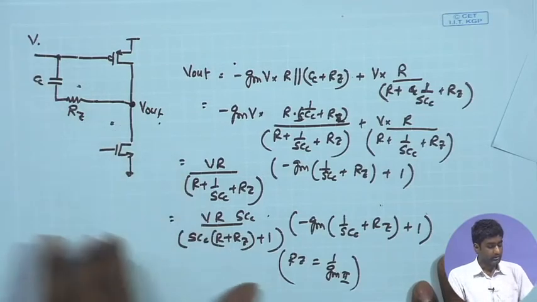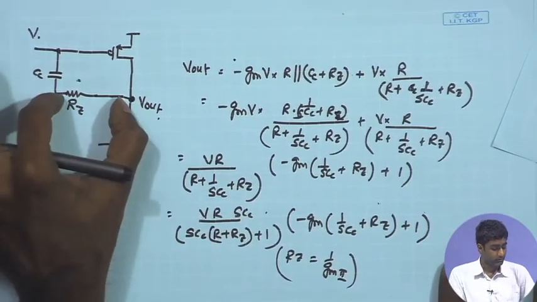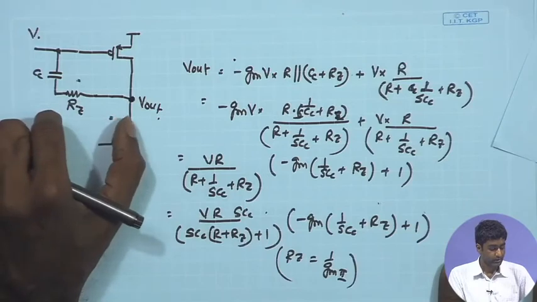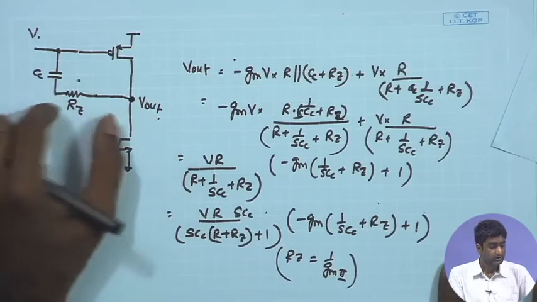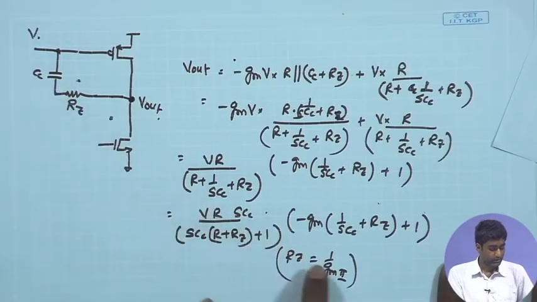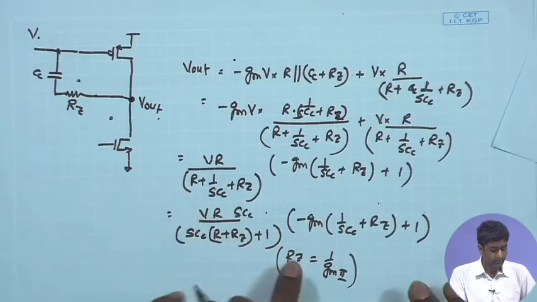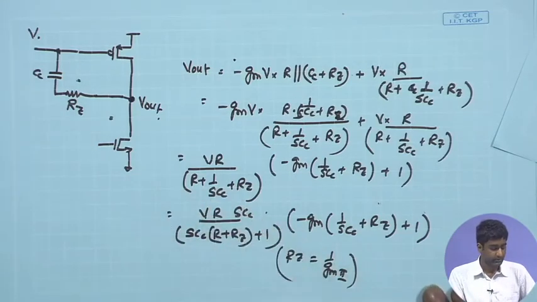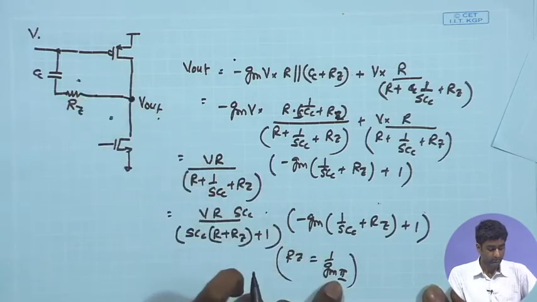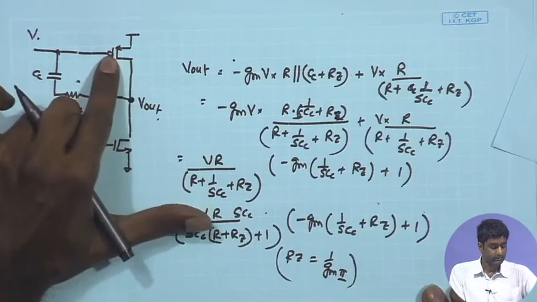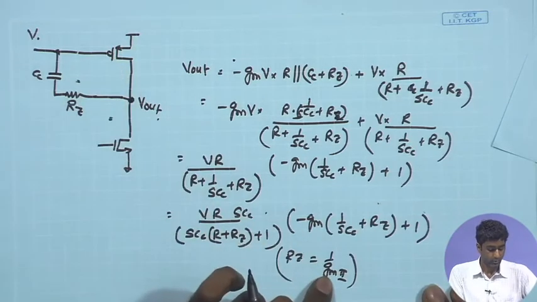Now, the problem here is the value of Rz to be chosen and how robust this combination can be. We know that this Rz is a passive element which can be relatively well defined with plus minus 10% accuracy. However, Gm is not a very well defined quantity, it can vary significantly more widely.